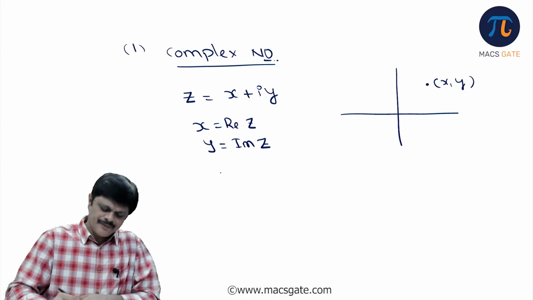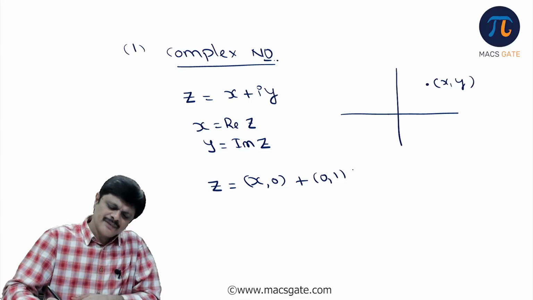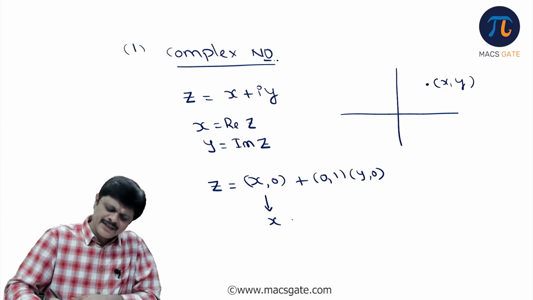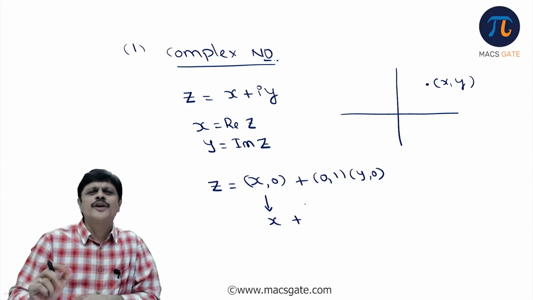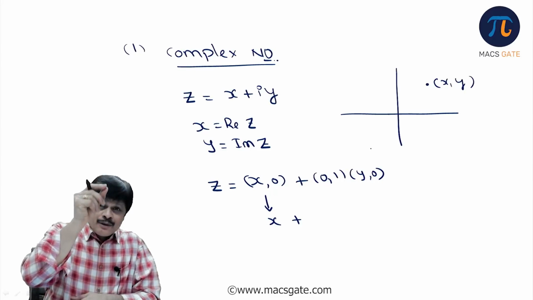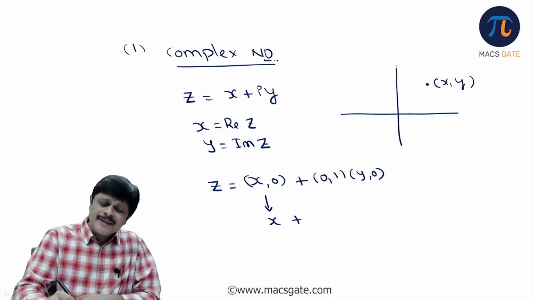So actually this z would be (x, 0) plus (0, 1) into (y, 0). So this is your x. When it is (x, 0), you are on the real line, so it is a real number. For (0, 1), the points on the y axis are the imaginary axis.